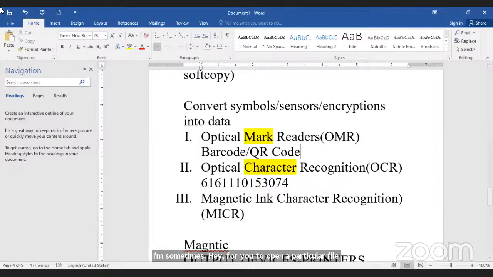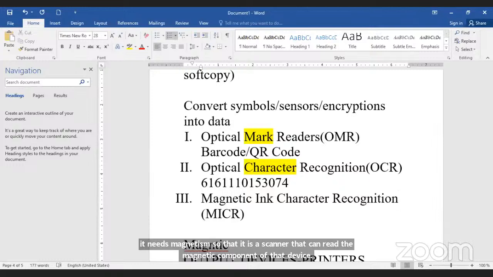Now, let us go to magnetic ink character recognition. When it comes to magnetic ink character recognition, it needs magnetism, so it means a scanner that can read the magnetic component of that device. Example, your ATM card.